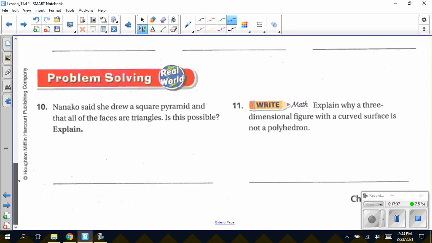Then for number 10, it says she drew a square pyramid and that all of the faces are triangles, the base and all of the faces. Is this possible? Explain. Well, this is drop-down boxes where a couple sentences are written and you have to fill in the correct words. And then number 11, explain why a 3-dimensional figure with a curved surface is not a polyhedron. Again, there's a couple of sentences written that you are going to drop down the boxes to fill in the correct missing words.